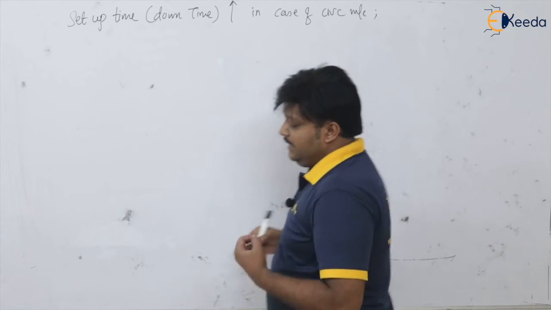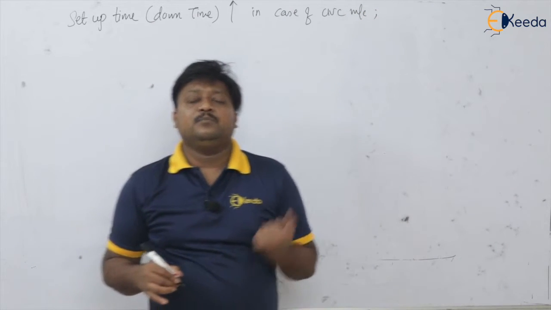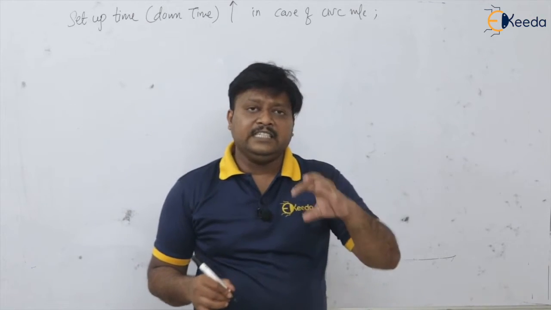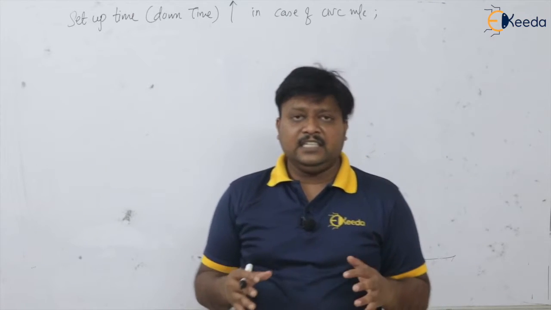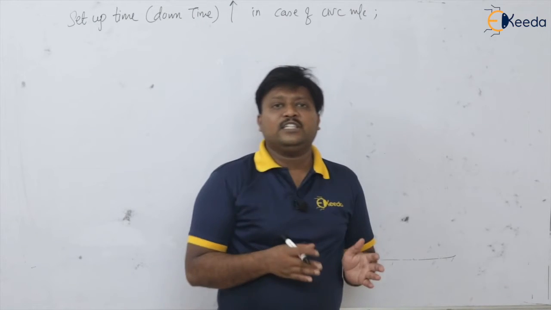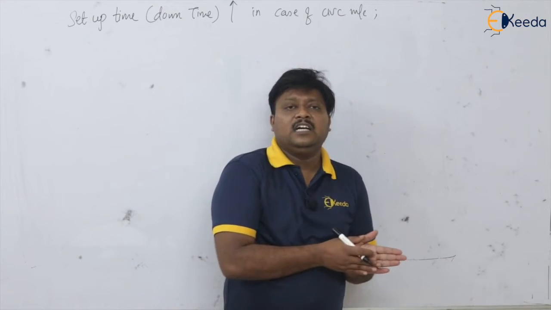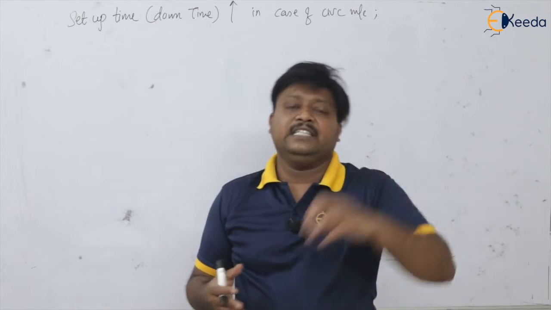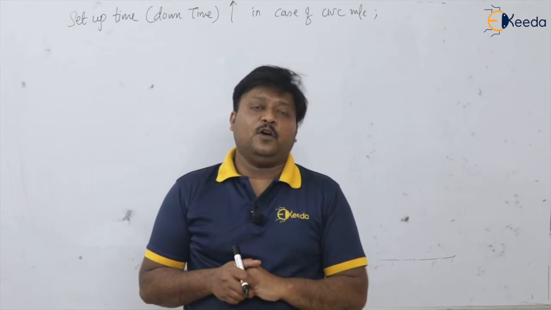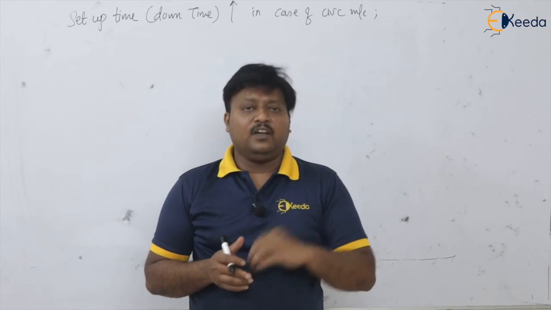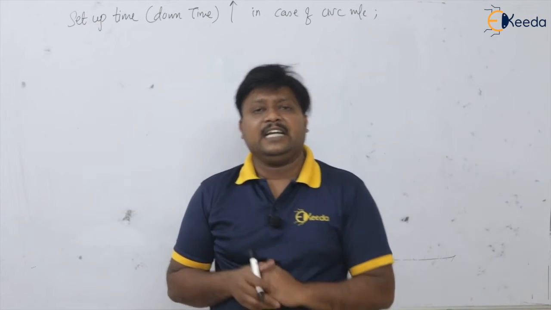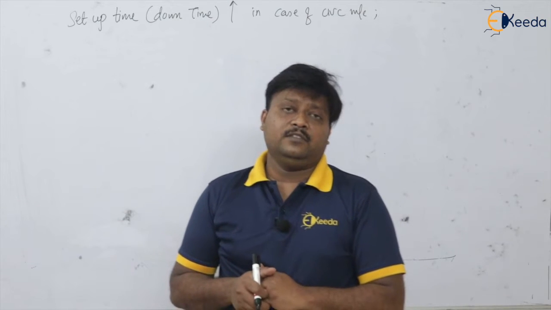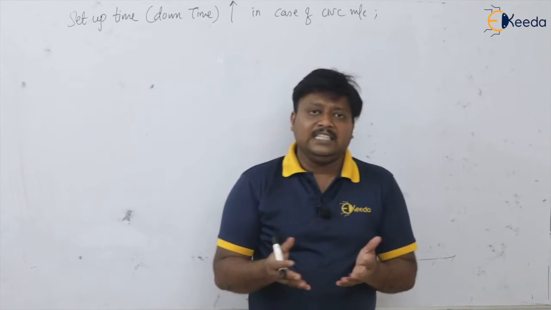Okay, so that is the reason why tooling plays a very important role in case of CNC. That is, the tooling should be preset or reset. This characteristic should be in the tools of the CNC machine. So for that, we require certain special characteristics in the tooling of these CNC machines. So what are these characteristics?